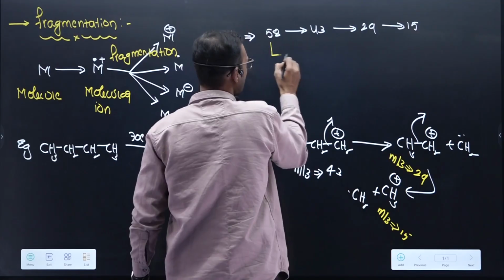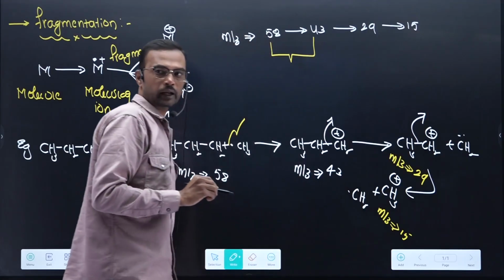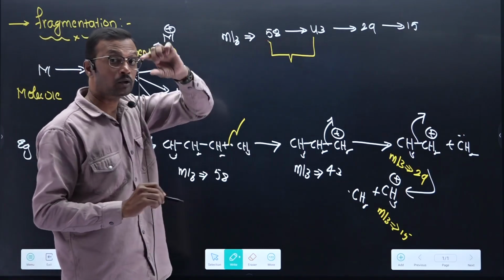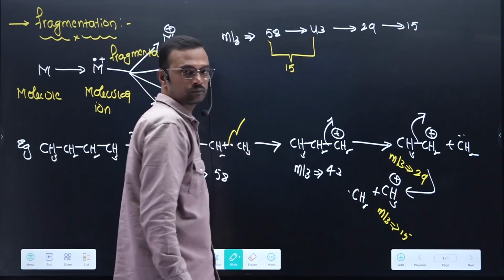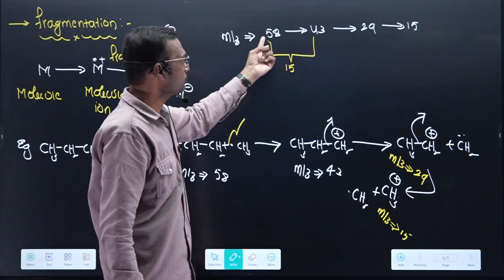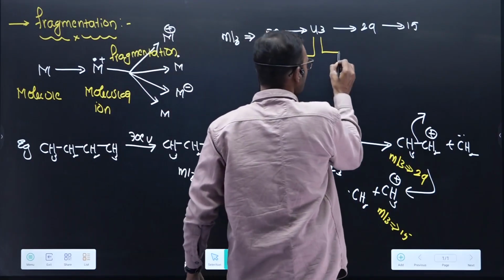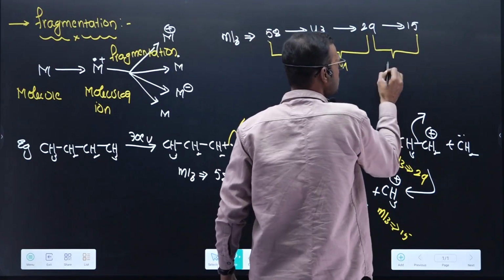So what is the difference from the molecular ion to the fragment? Molecular ion to the first fragment, if it is a straight chain hydrocarbon, is 15. Add 15 to 43, 58. Then from fragment to fragment how much? 14.